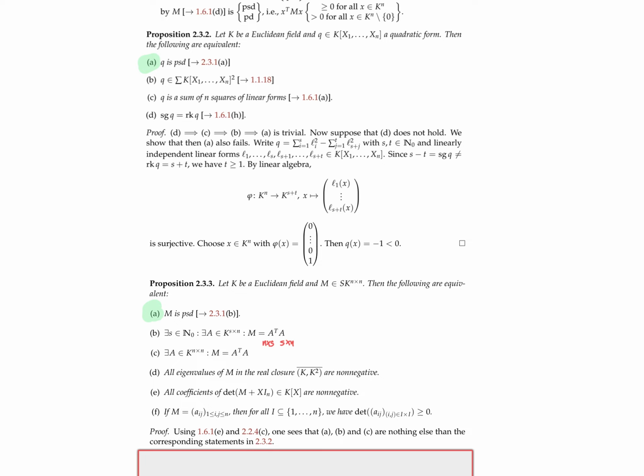B is, yes, we also use 2.2.4c. Because if a quadratic form is a sum of squares of polynomials, then these polynomials are automatically linear forms.